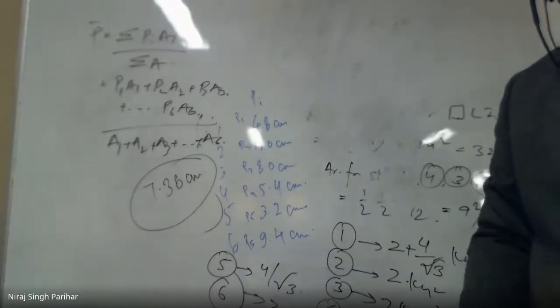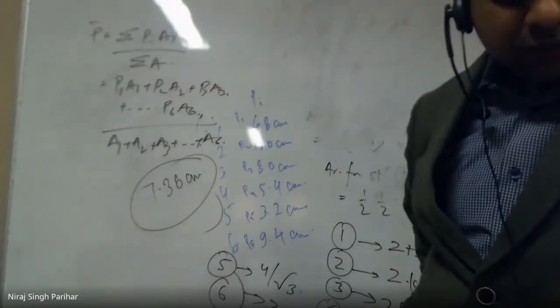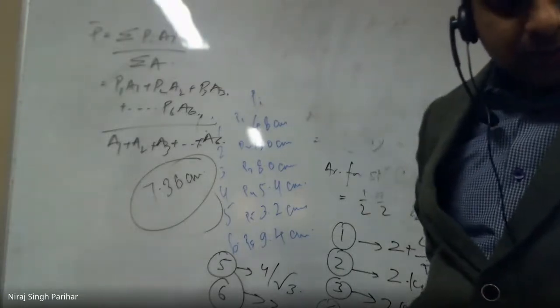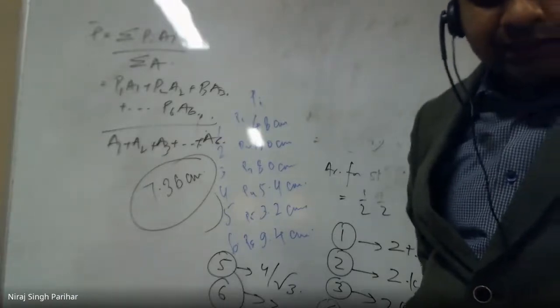Okay, just make a table of two columns. On the left hand side, write isohyets in millimeter.